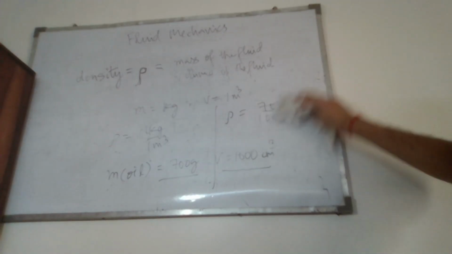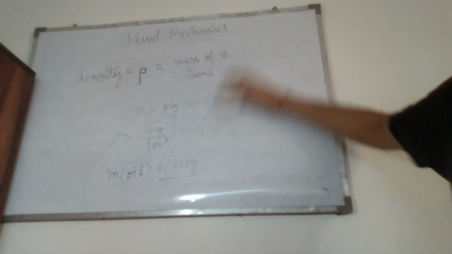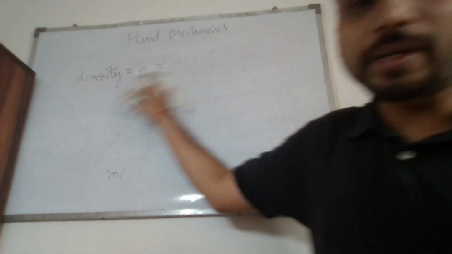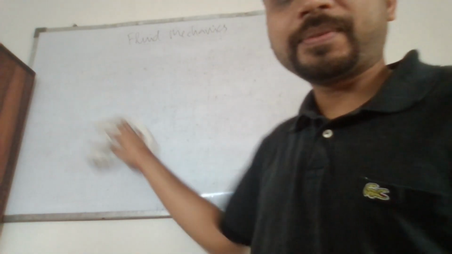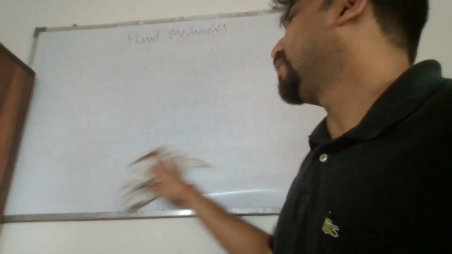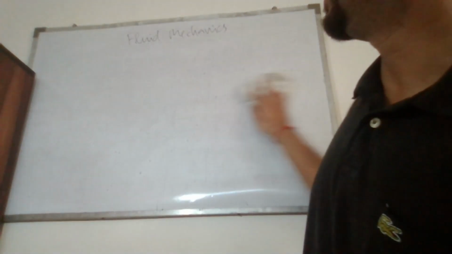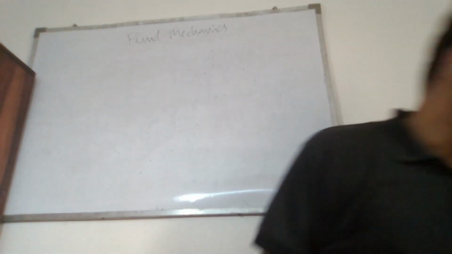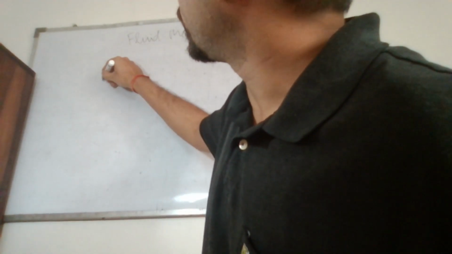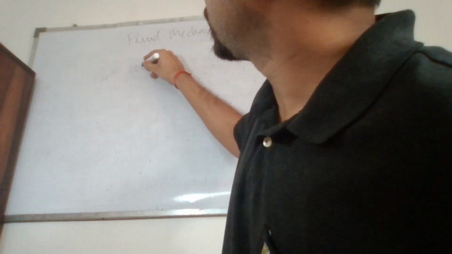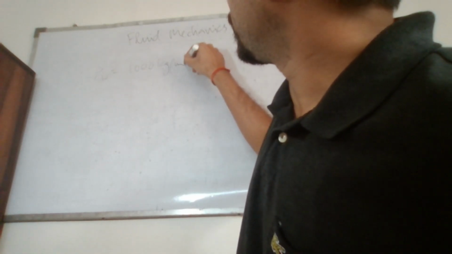And different fluids have different densities. For example, if I were to ask you what is the density of mercury, you would say that we know its value is some 13.6 times the density of water. So I'll tell you the density of water. Density of water is 1000 kg per meter cube.